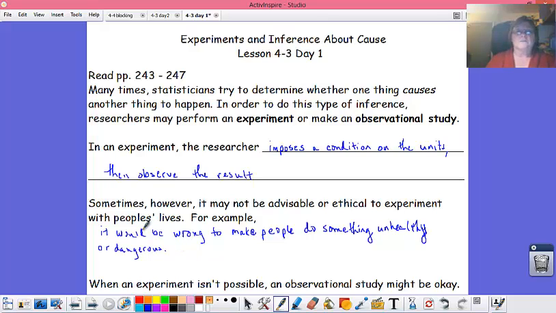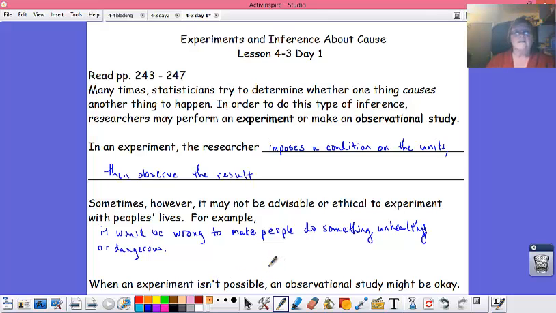You could see pretty quickly that we were not going to be able to do that, because we can't tell people, hey, you eat Pop-Tarts for the next 2 weeks and let's see what happens to your grades, okay? That would be morally wrong. We shouldn't do it.